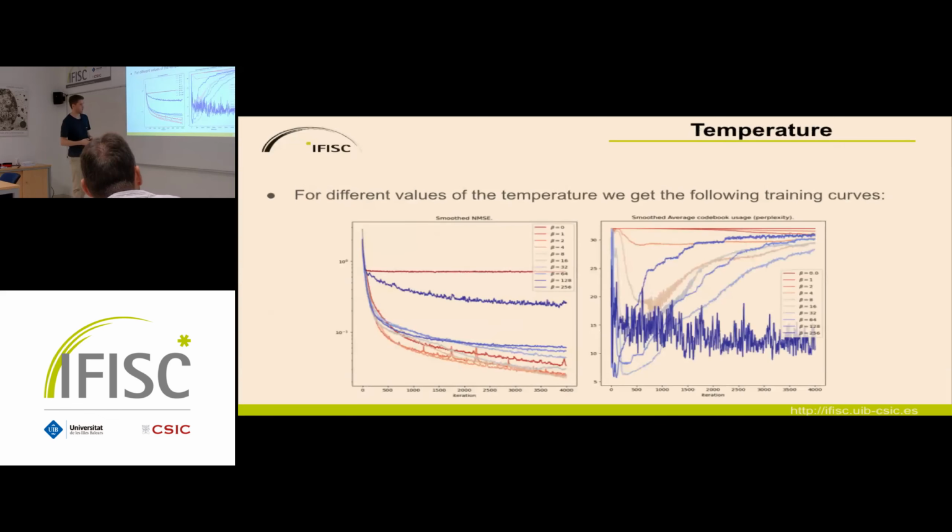So it can be seen, varying the temperature of this model, that for very high and very low temperatures, this doesn't work quite well. But here we find the sweet spot by varying the beta parameter in exponents of 2. We find a sweet spot here in the validation test.